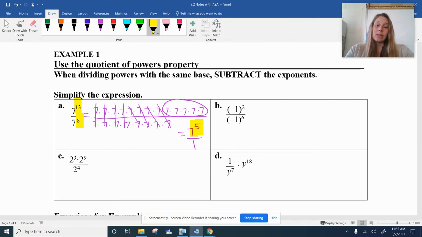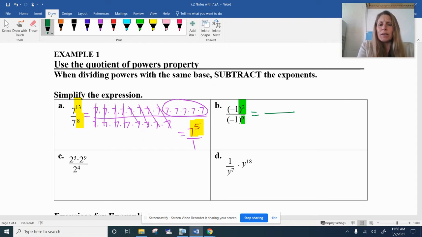Now, in this case, the 7 to the 5th went on the top of the fraction, in the numerator, because there were more 7s on the top. So if we're doing problem B, this time we have many more on the bottom. This time when I do my subtraction, I have 6 minus 2. I'll be left with my extras on the bottom.